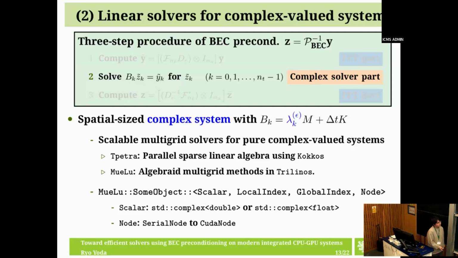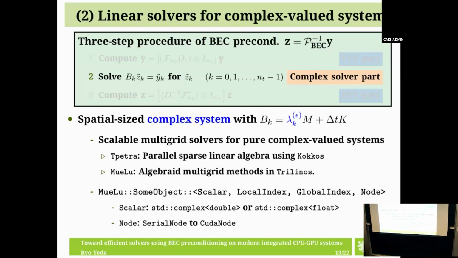We choose the Trilinos packages, based on Kokkos, Tpetra, and the MueLu algebraic multigrid method. Sorry, there are some typos here. In the case of the MueLu package, it provides a C++ template for scalar values and for the local or global index types of the node.